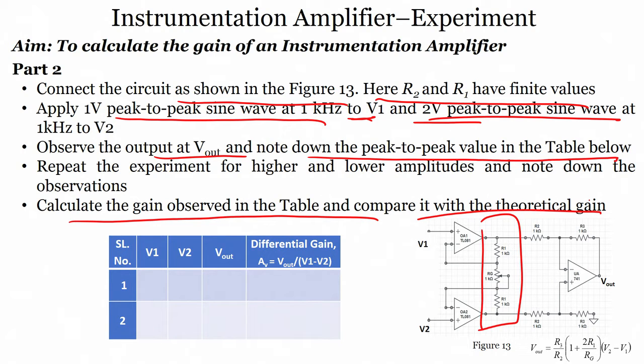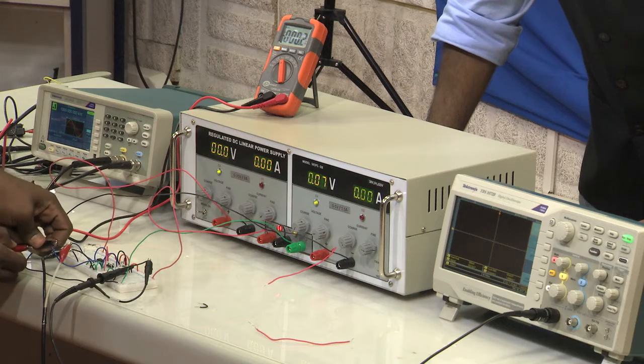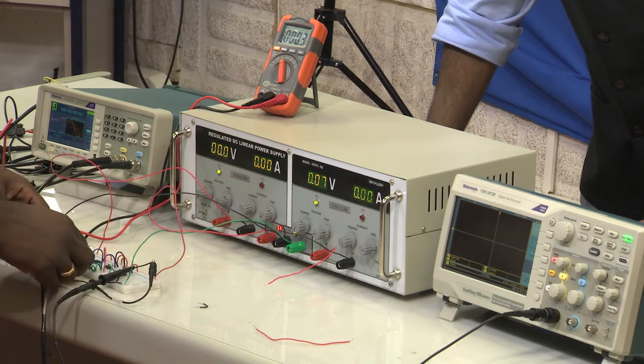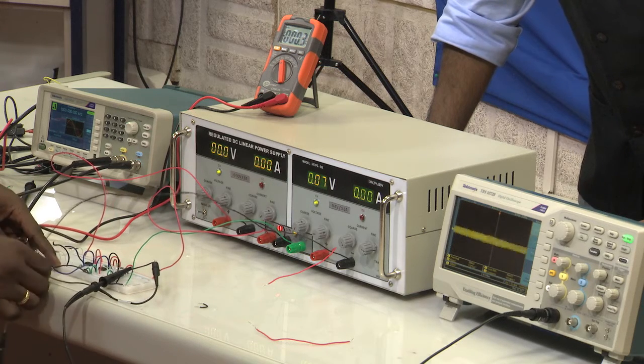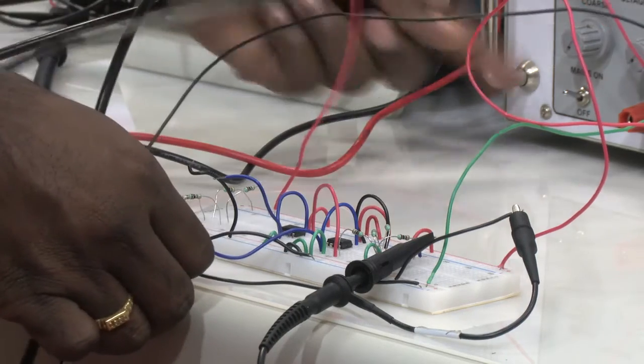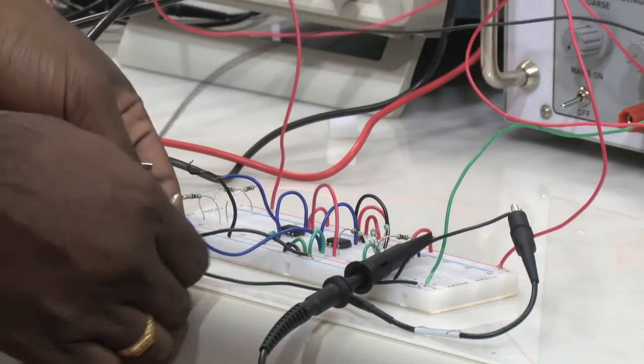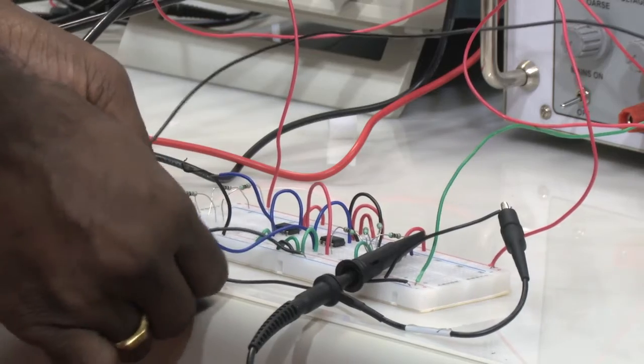So, let us see if I apply voltage to one of the buffers, voltage 1 to buffer 1, voltage 2 to buffer 2, where a buffer is nothing but a voltage follower, what will be the output V out. So please disconnect the breadboard. You can see he is disconnecting the previous circuit, in which we had used the buffer without R2 and R1 or RG and R1.